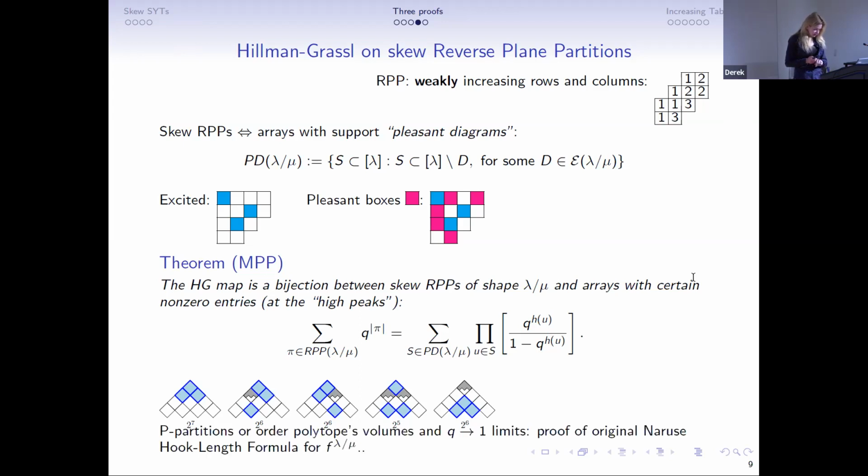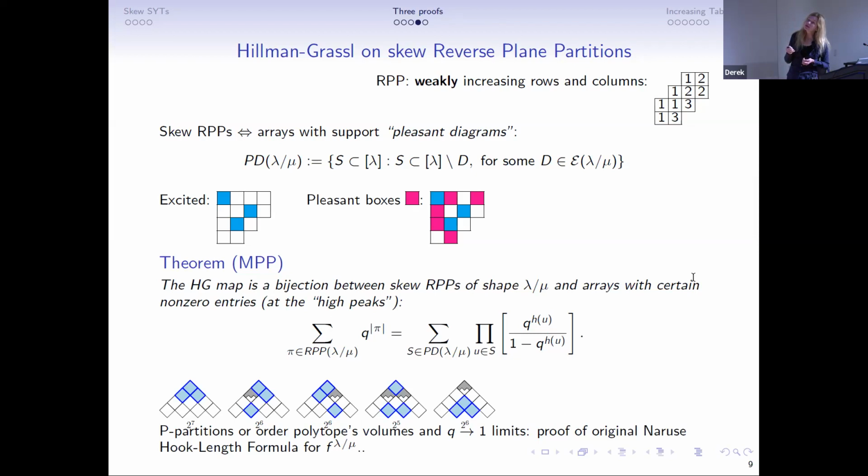And so for the sake of time, and of course, how do you get the counting formula? Well, you let Q go to 1 in a certain way. So either from the theory of P-partitions, or we use the notion of order polytopes, so that the number of linear extensions, or the number of standard Young tableaux, is actually the normalized volume of the order polytope.